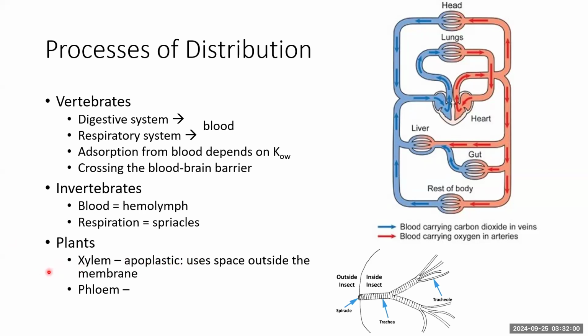Apoplastic, these are the watery interstitial spaces that go around various plant cells. I can draw this, but not on the screen. So for those watching at home, you won't get this drawing.